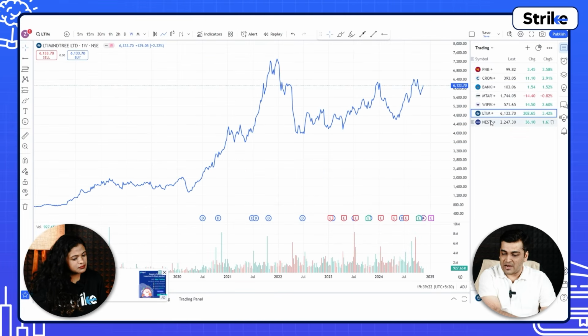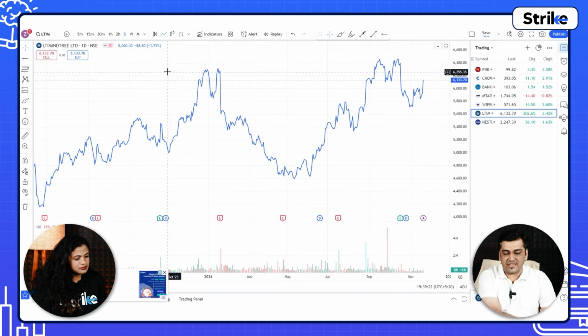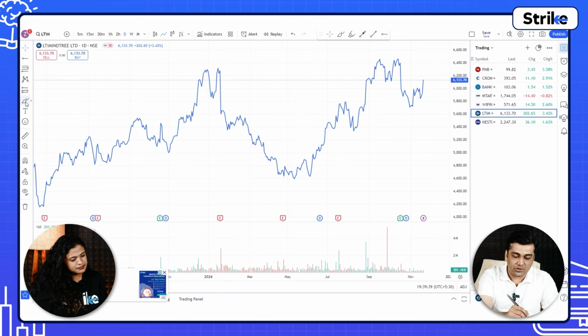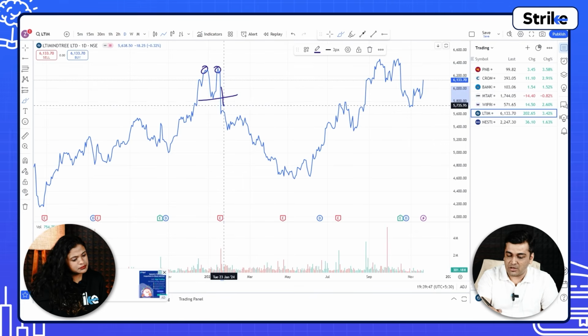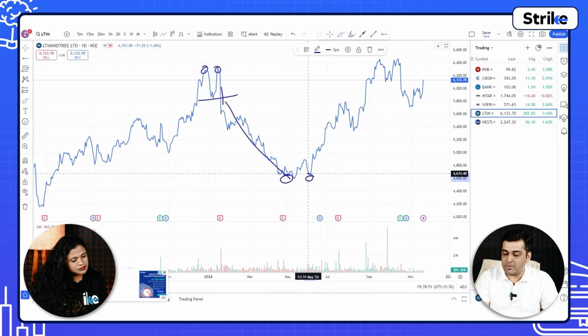Similarly, let's look at LTIM, Larsen and Toubro Mindtree. On the monthly chart, can you find a double top? We have two double tops over here. Yes, absolutely. So here we have top one, top two. We have this bottom. It got crashed, and you saw a crash. Here you can also identify a double bottom.